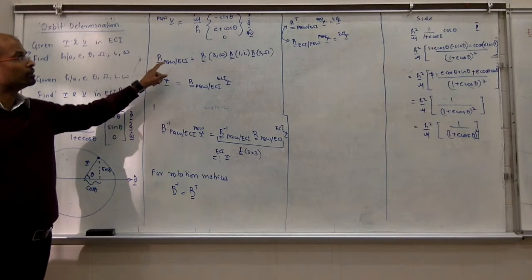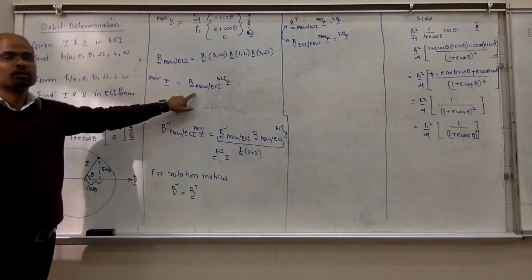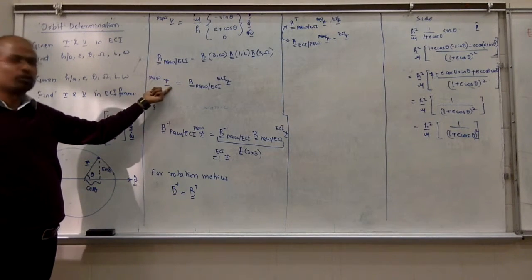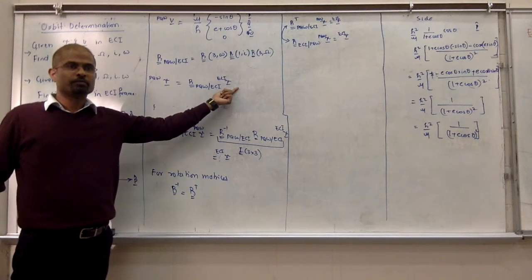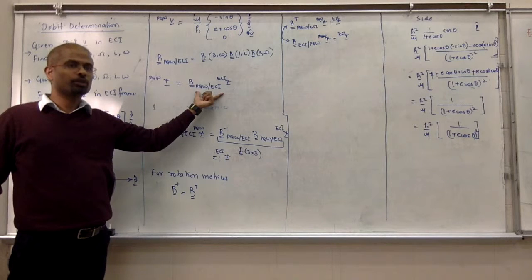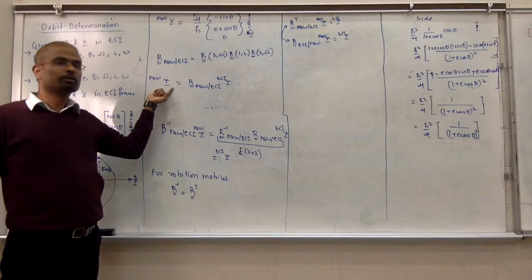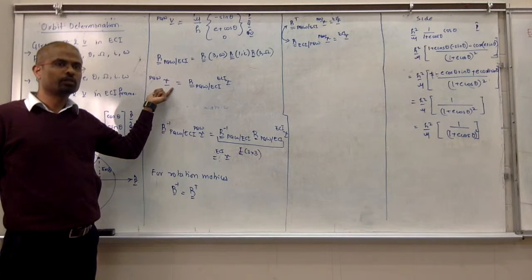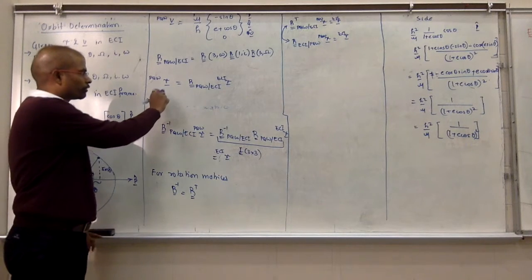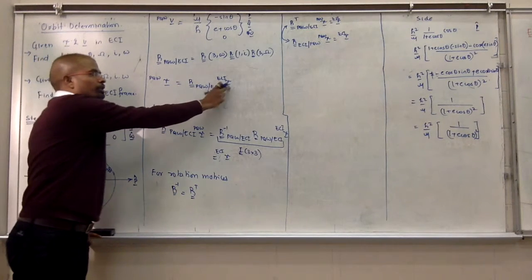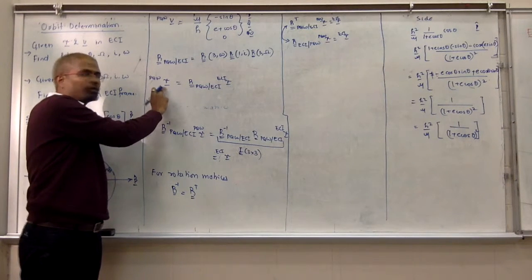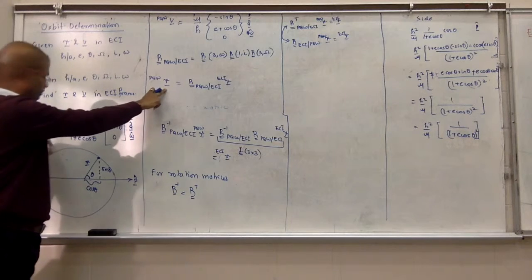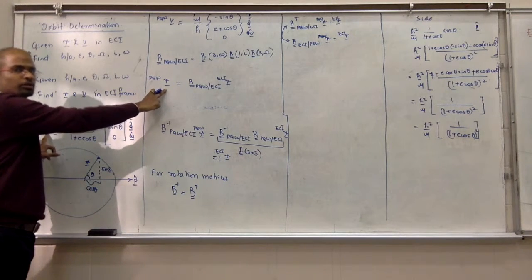If you have a vector in the ECI frame, you multiply it by the rotation matrix and you get the vector in the PQW frame. Now we need to figure out this. We have found out this. These two are the same.